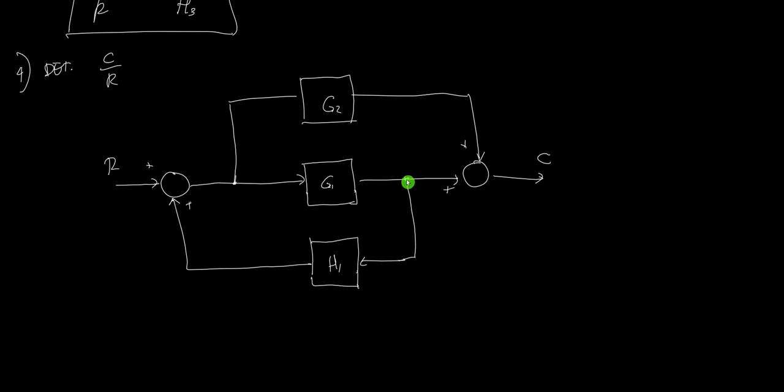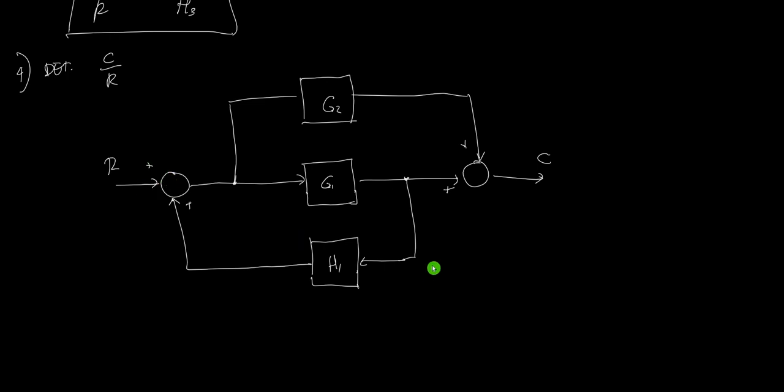Or if you move this point outside the summing point, then this one will become parallel, and it will become just a single block. After that, we just simplify it in the canonical form. But if I don't want that to move, if I move this point to before the summing point, it's also possible.